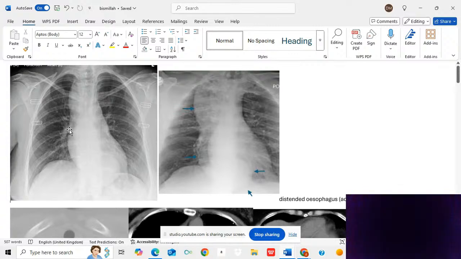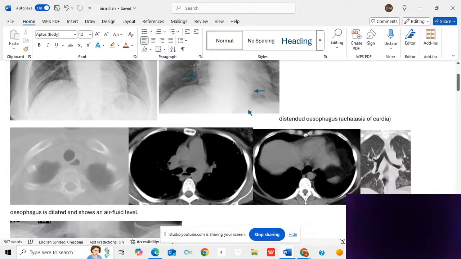And this, can you see this opacity? This is the typical appearance of a distended esophagus. As you can see, the opacity is continuous with the abdomen. It's the typical appearance of a distended esophagus or achalasia of cardia.